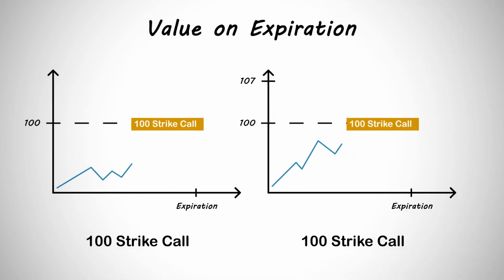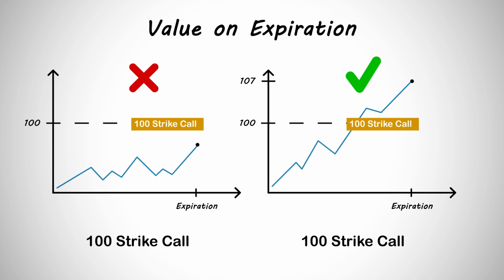When it comes to an option's value on expiration, there's no time value left, as the option is expiring and its life is ending. If that option is out of the money, it won't have any value at all, and that option will expire worthless. If that option is in the money, the option's value will be made up of 100% intrinsic value, the difference between the strike price and the stock price.